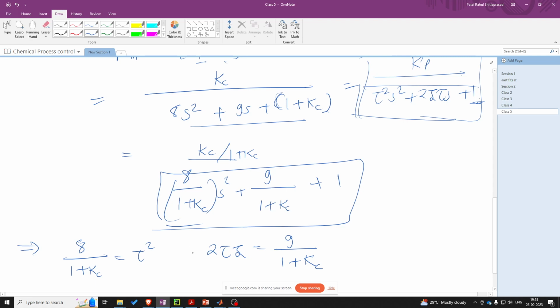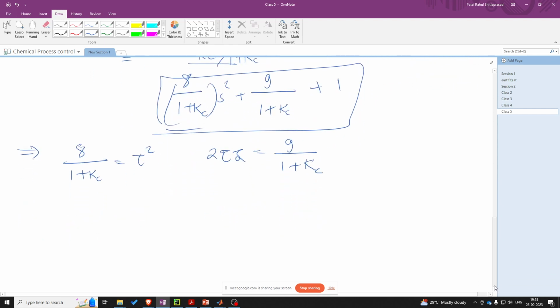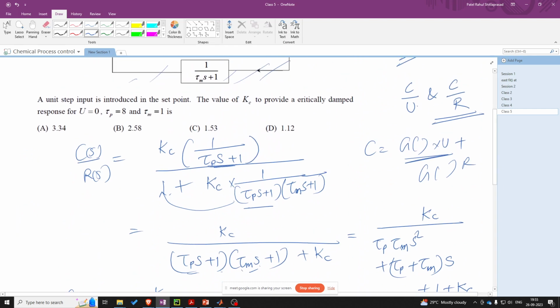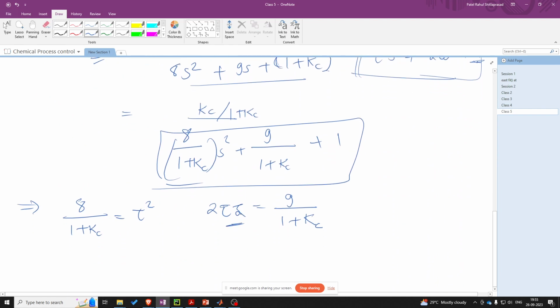So once we have this, we need to find the value of Kc for a critically damped system. In the question we have been given that it is a critically damped system, so we can replace the value of zeta as 1. That will give us the value of tau as 9 upon 2 into 1 plus Kc.